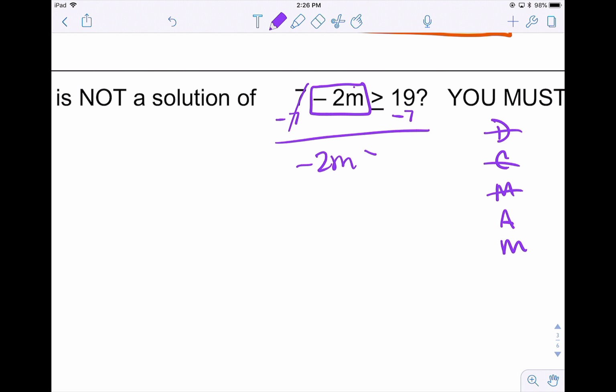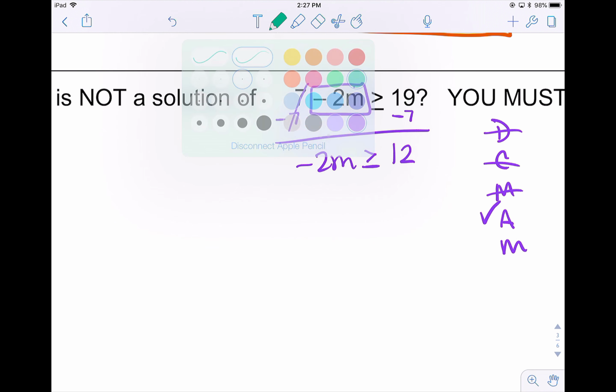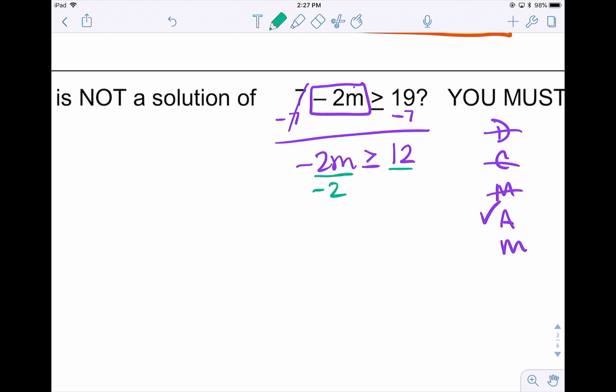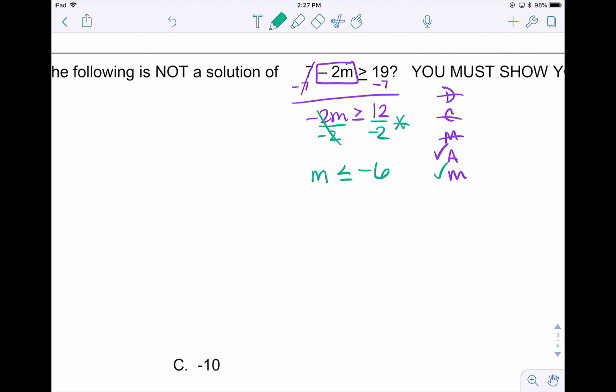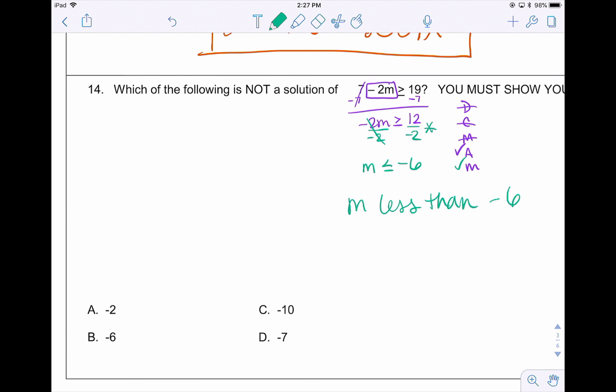So negative 2M is greater than or equal to 19 minus 7, which is 12. I'm then going to divide by negative 2, which covers my multiplying or dividing. Because I'm dividing by a negative, I'm going to flip my inequality, and I get negative 6. So M is less than or equal to negative 6.